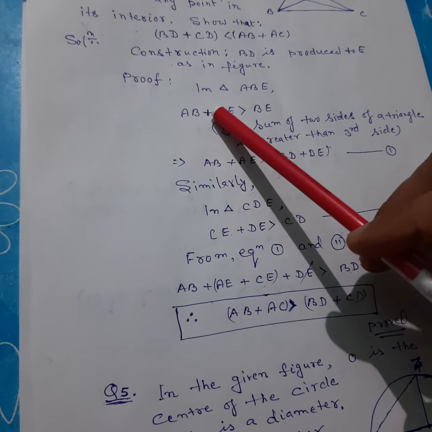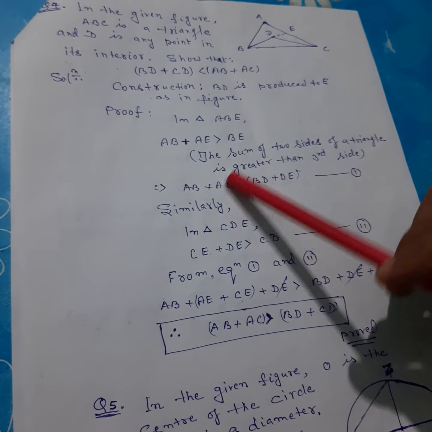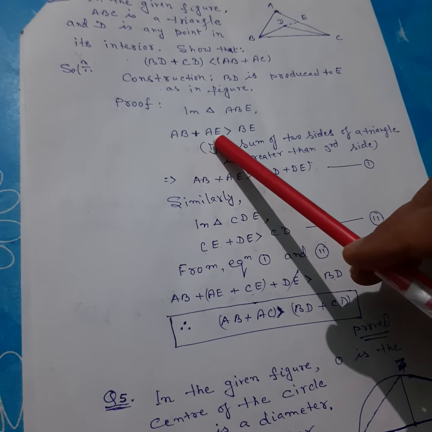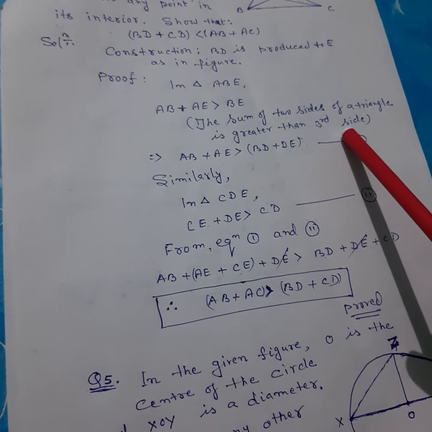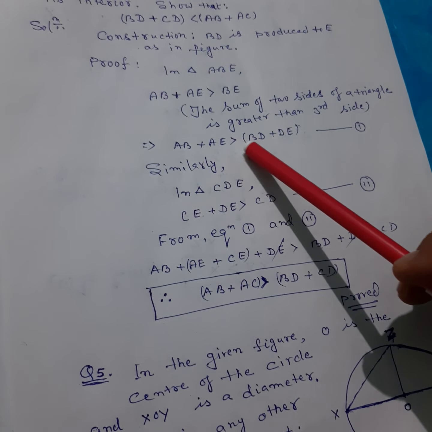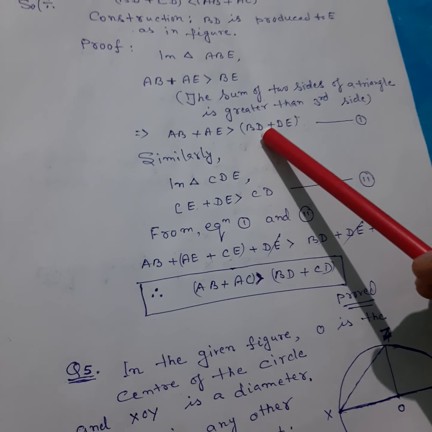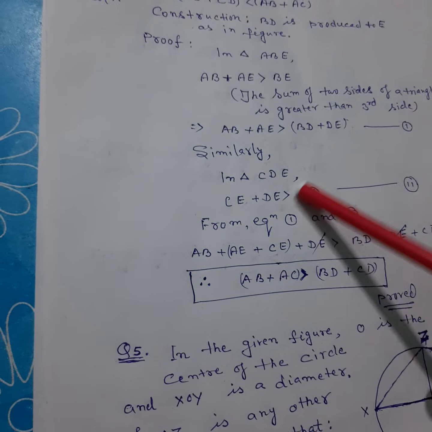As in the figure, in triangle ABE, the sum of two sides, that is AB plus AE, is greater than BE. The sum of two sides is greater than the third side, or we can write AB plus AE is greater than BD plus DE. From the figure, BD plus DE equals BE.